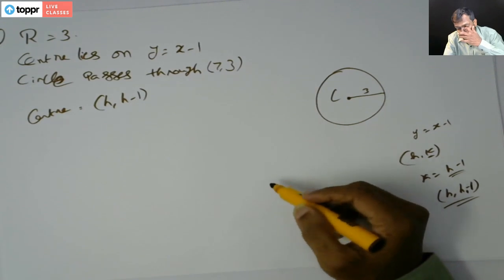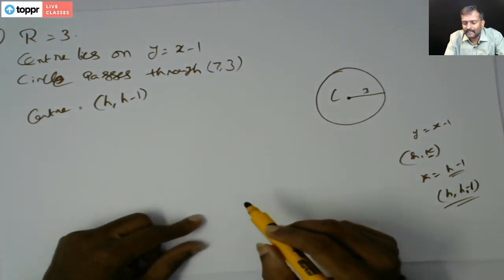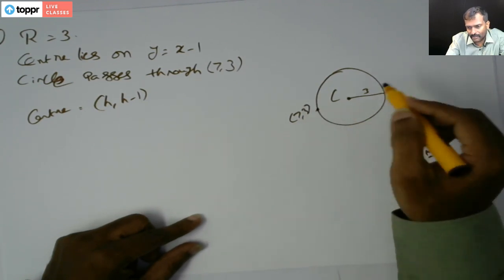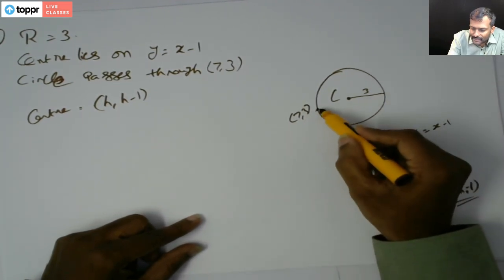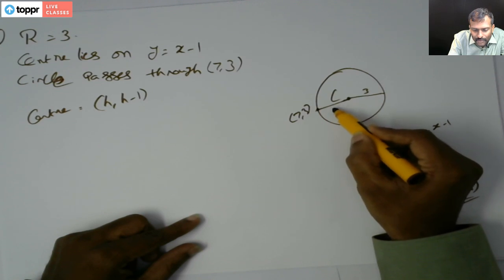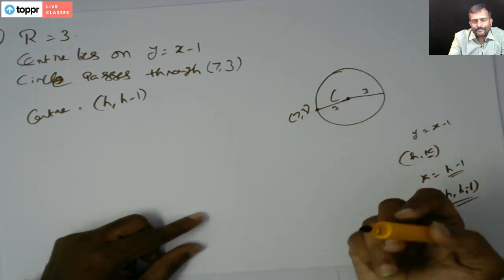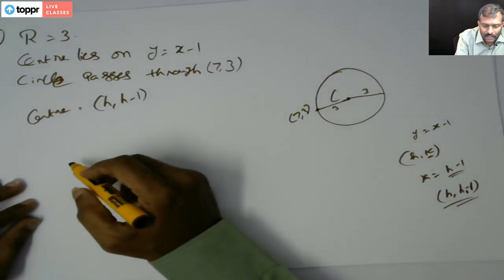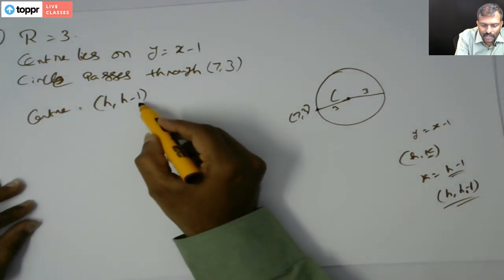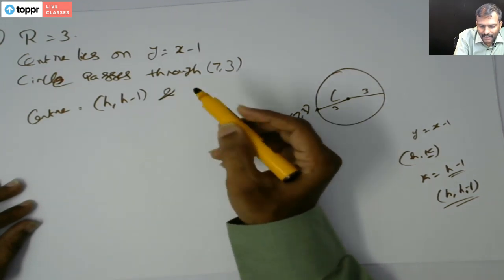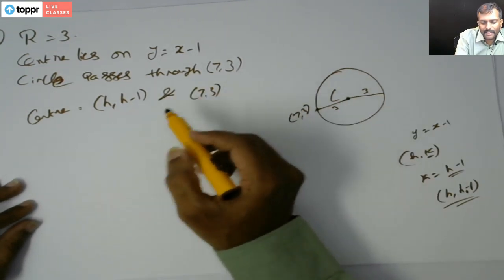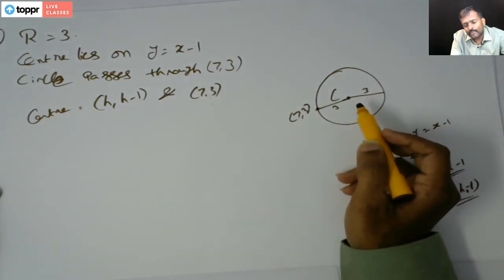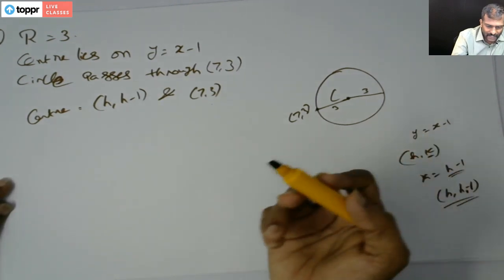The circle is passing through the point 7, 3, so it is there on it somewhere. So this distance is equal to 3, because the radius is given as 3, right? Now let us see the distance between h comma h minus 1 and the point 7, 3. This distance must be equal to 3, or if you don't apply the square root, it should be equal to 9.